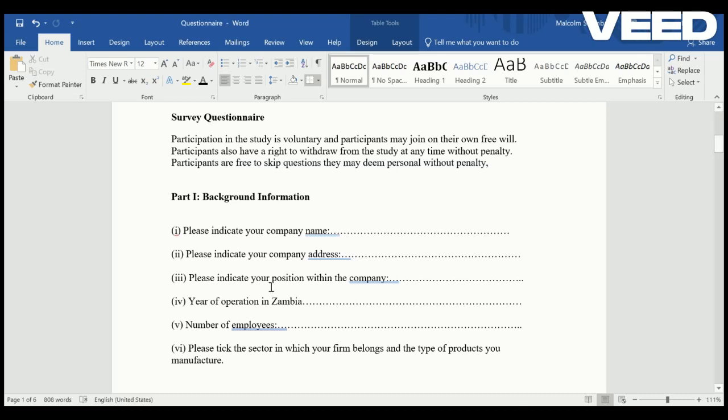So I'll look at the background of the company by knowing the name, the address, the position of the respondent at the company, years of operation in Zambia, all the information that will be necessary for my research. Number of employees, and so on.